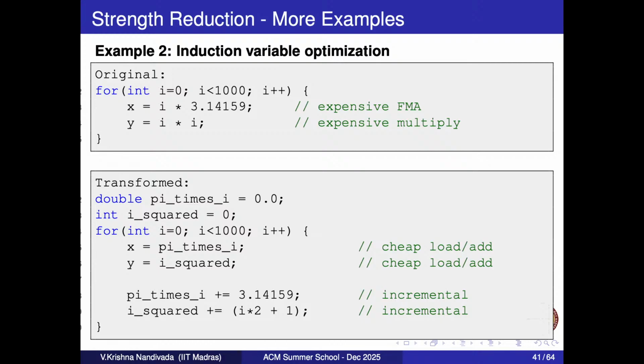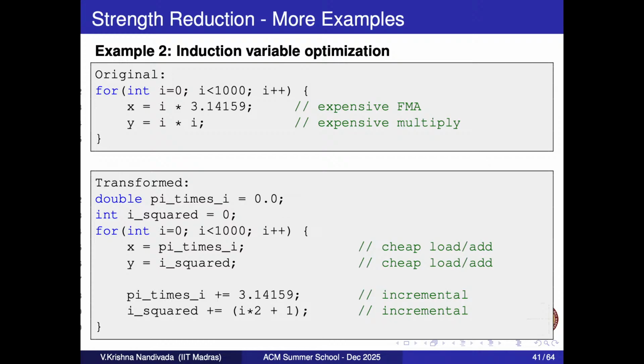This I times I, what can we do about it? This is a very cool thing. So what's the relation between a square and square of a minus 1?